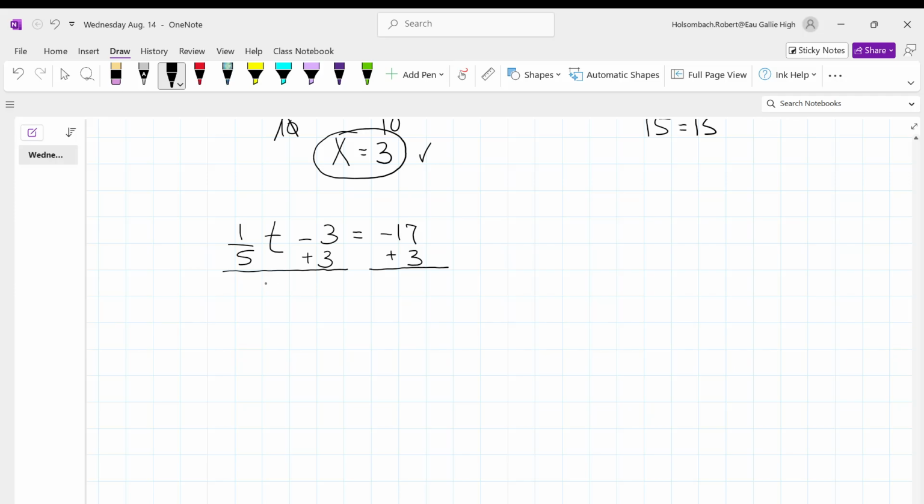The 1/5 t comes down. Threes cancel. And negative 17 plus 3 is negative 14.